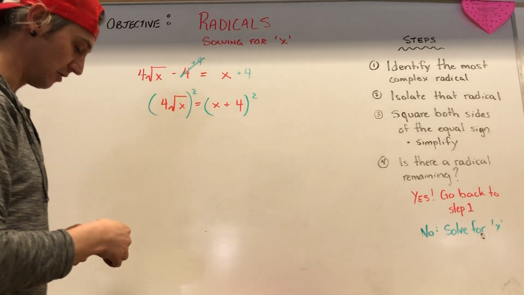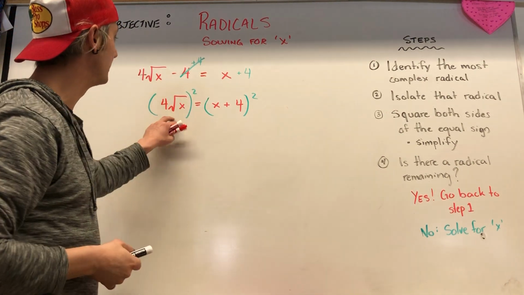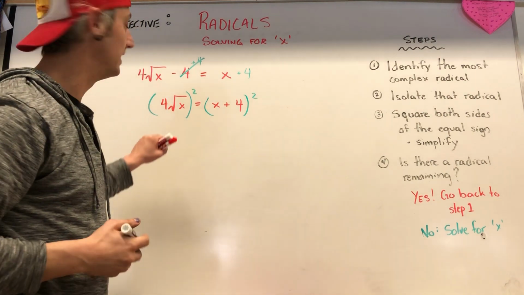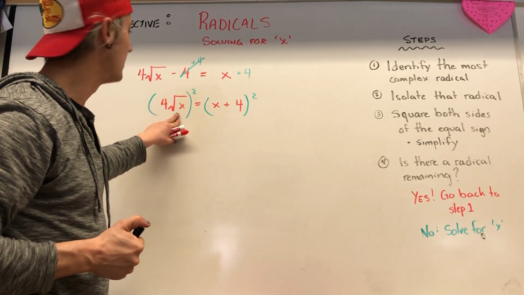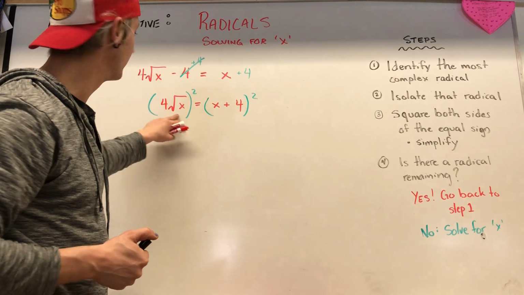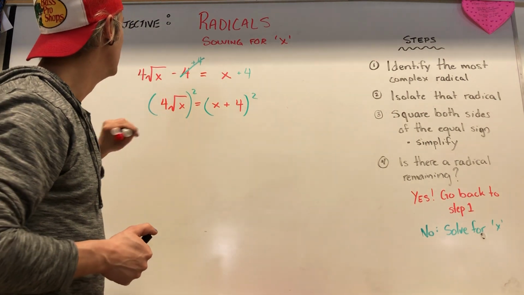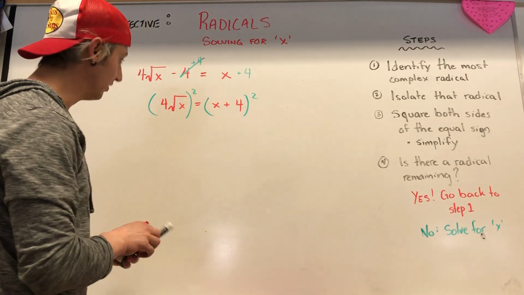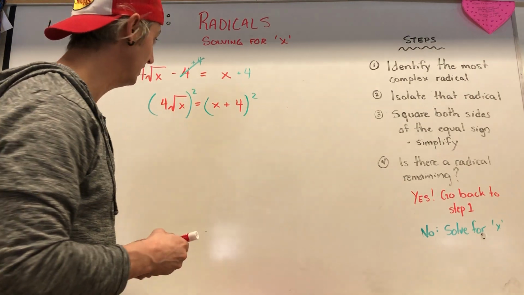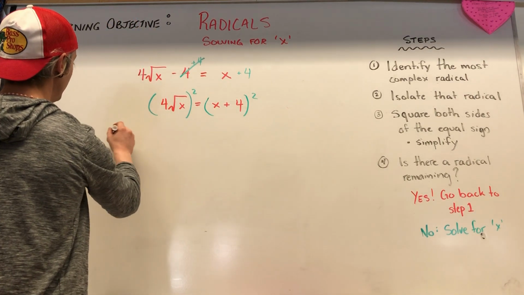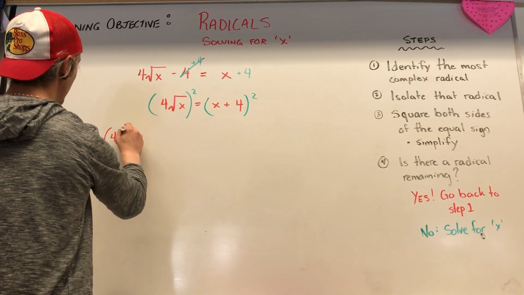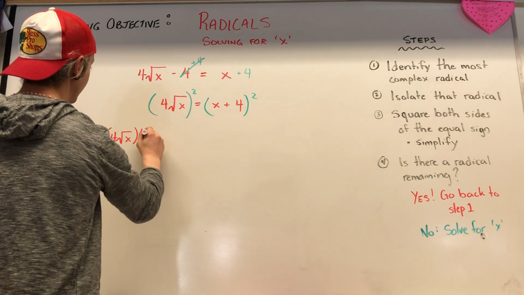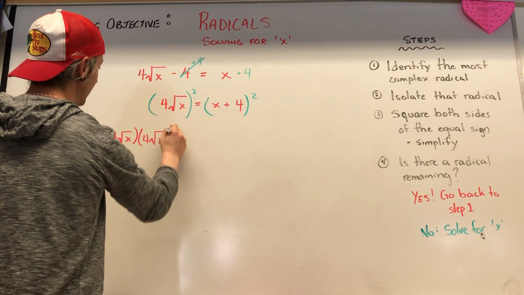Now, if I remember the part about multiplying mixed radicals, I can multiply what's inside the radicals together, and I multiply the number sitting in front of the radical with the number sitting in front of the other radical. So when I do this multiplication, it's going to be 4 root x times 4 root x on the left side.